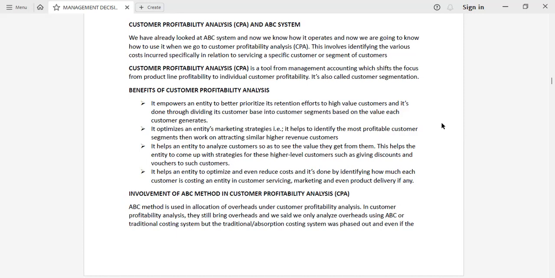Then they work on attracting similar high revenue customers. In other words, if you've been having a school that has been buying more products from the factory, and those people have been giving you higher margins, then as a company we shall focus our marketing on, or look for, those same customers within that category that are going to give us the same margins.